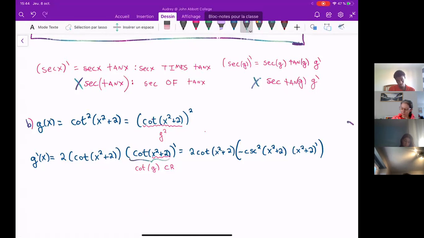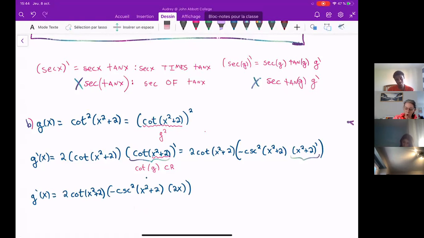And now this prime that's left over is just a simple power rule. So I'm going to get that g prime of x is 2 cotangent of x squared plus 2 times negative cosecant squared of x squared plus 2 times 2x.